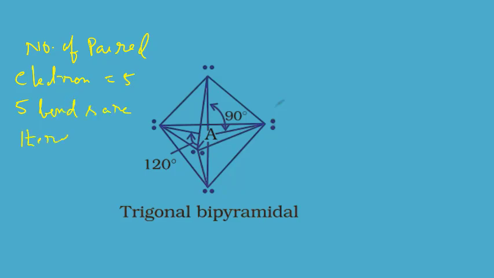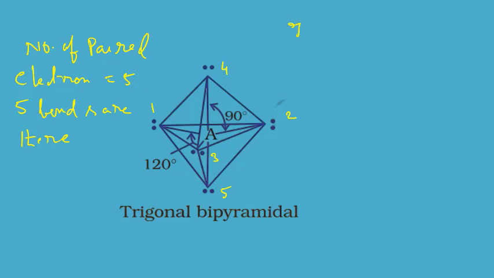Out of these 5 covalent bonds, number 1, number 2 and number 3 lie along the same plane, along the vertices of an equilateral triangle. Above this plane there is another bond and below there is another one. If you imagine joining these bonds, it looks like a pyramidal shape. So above and below this plane there are two pyramids, therefore it is referred to as trigonal bipyramidal.